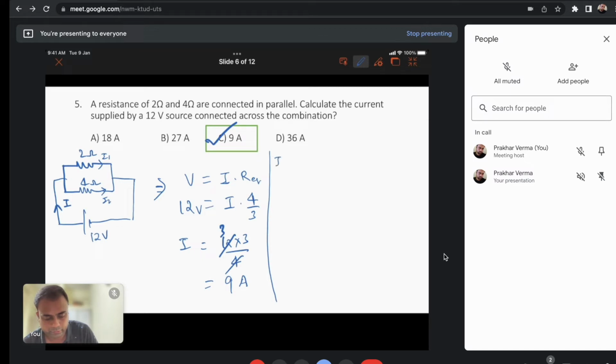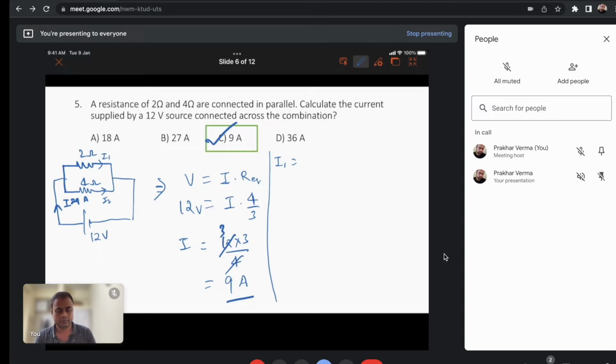What fraction of current will be I1? The total current is 9 amperes. How is this 9 ampere of current getting divided in these two branches? As you know, the lower resistance will be having higher current since the circuit is in parallel.